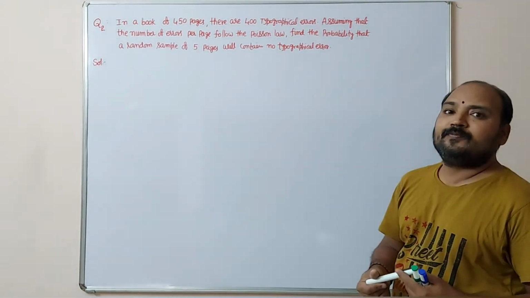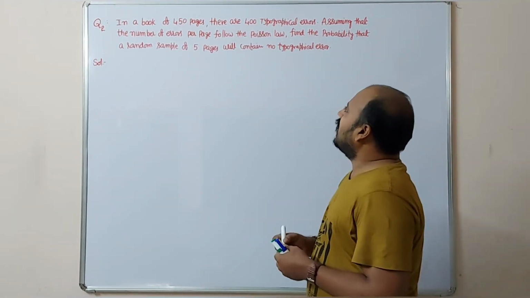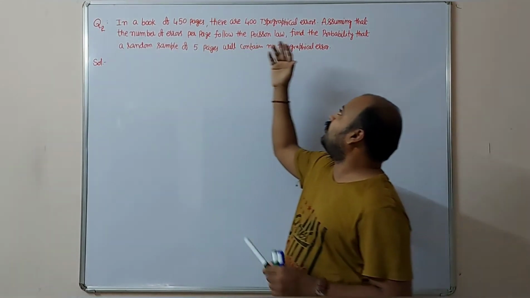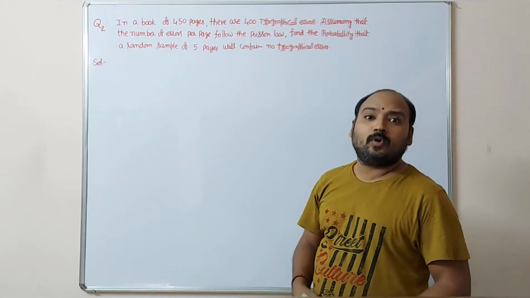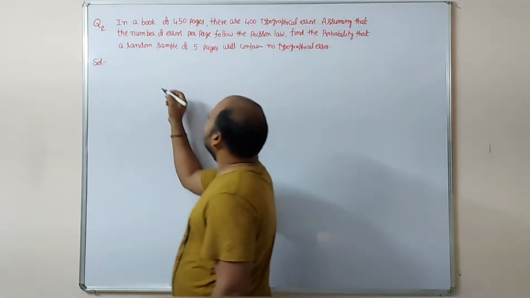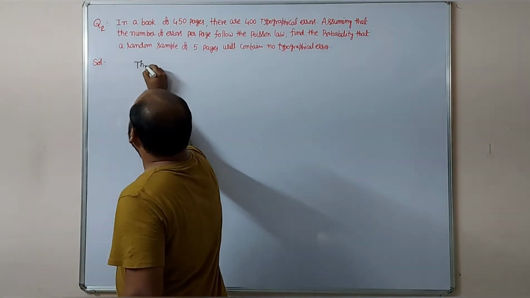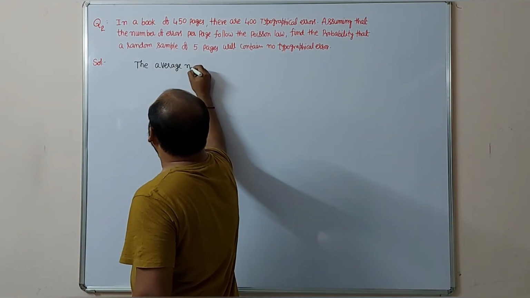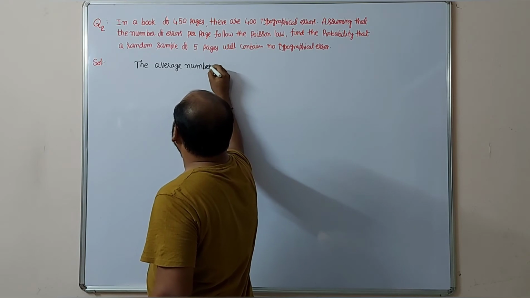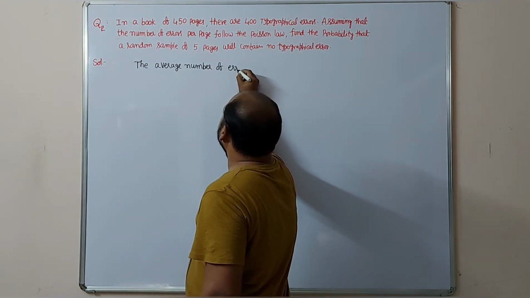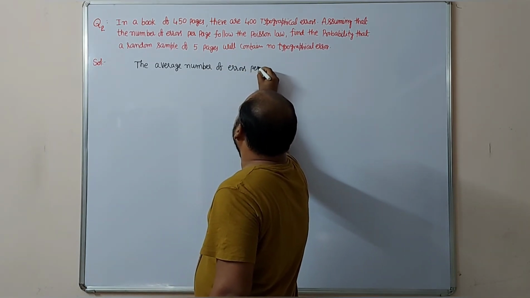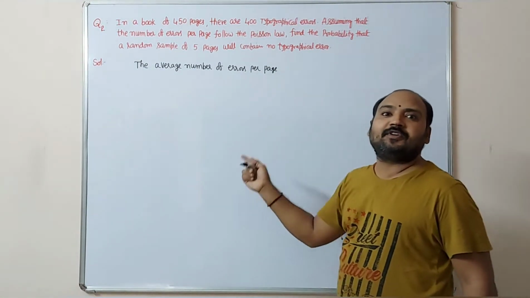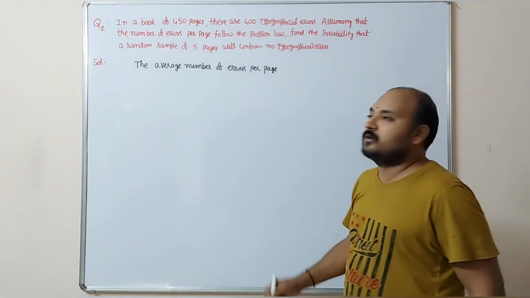So first, the number of typographical errors per page. Out of 450, 400 errors are there. So the average number of errors per page is represented as the parameter lambda.